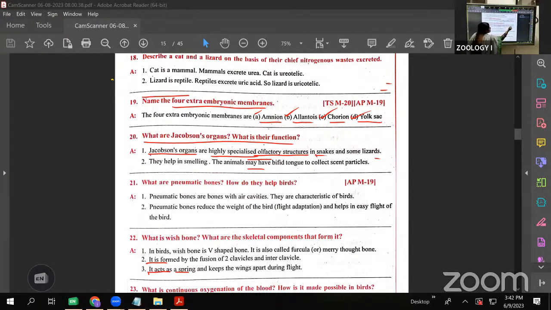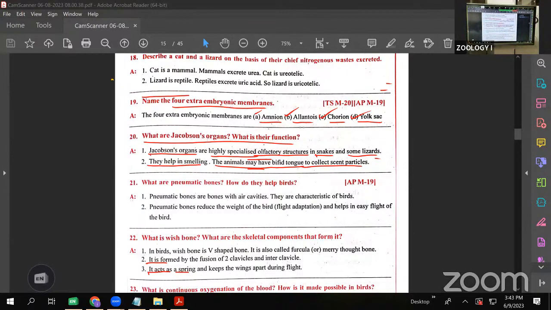Olfactory means they are useful for taking in smell. They are found in snakes and some lizards, and they help in smelling. These animals have a bifid tongue, meaning the tongue is bifurcated into two, to collect the scent particles. This is about Jacobson's organs.